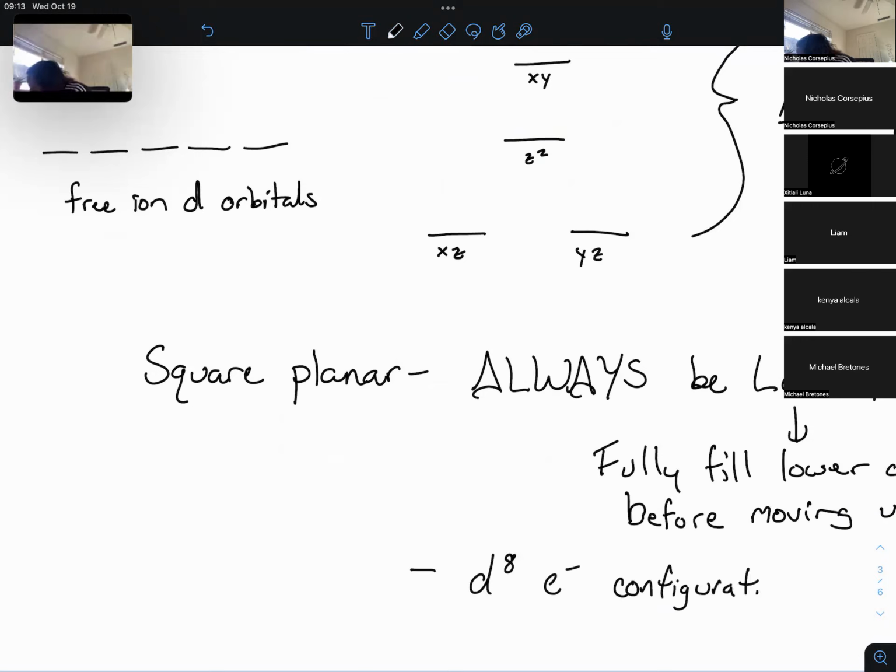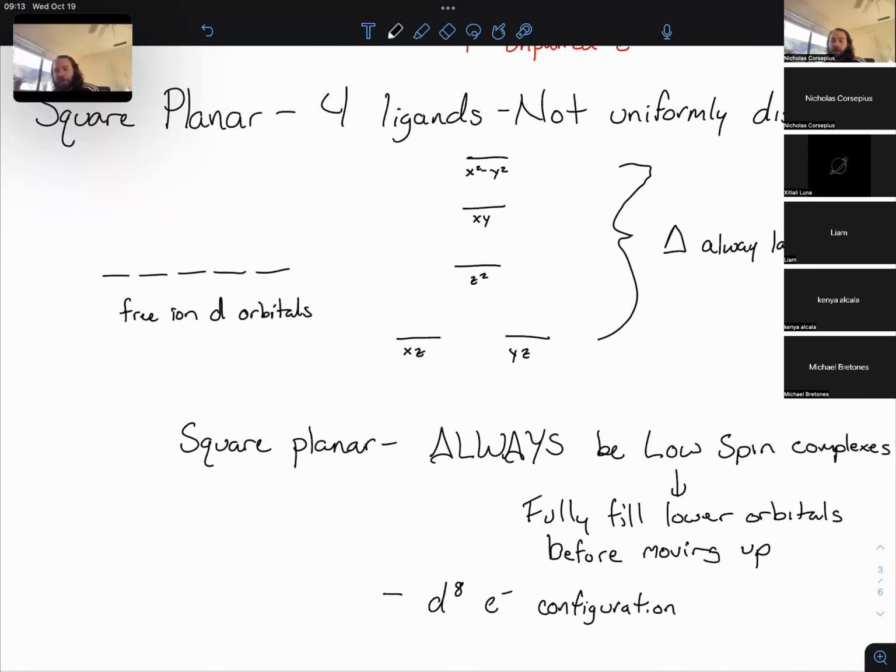So if you see 4 ligands and it has a d8 electron configuration, it's square planar. If you see 4 ligands and it has any other electron configuration, then it's going to be tetrahedral.